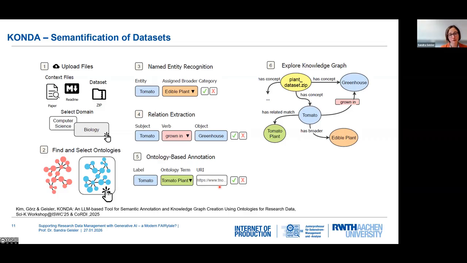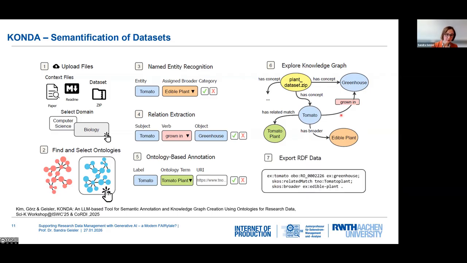And finally, we create and offer for exploration the knowledge graph, which shows then what kind of concepts we have in the data set, what is the metadata we have found, and then export the corresponding knowledge graph.